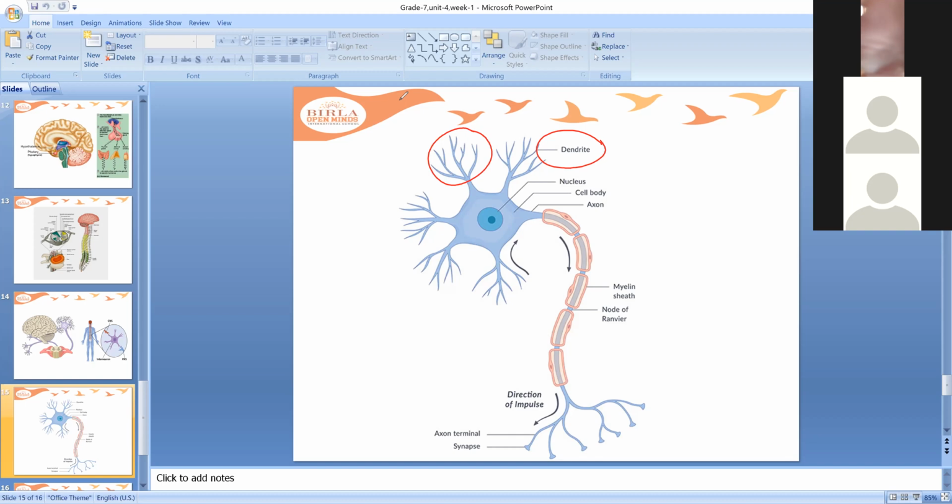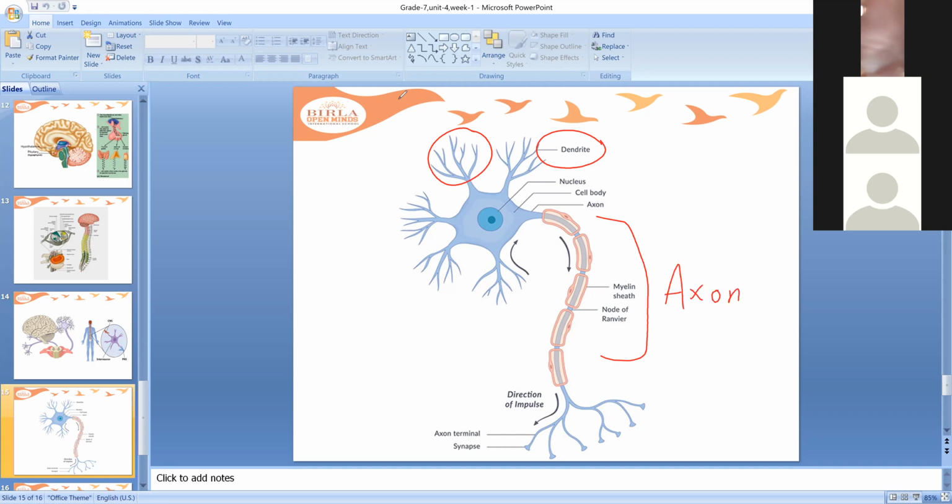That has different names given to the different parts. This particular part combined is called the axon.